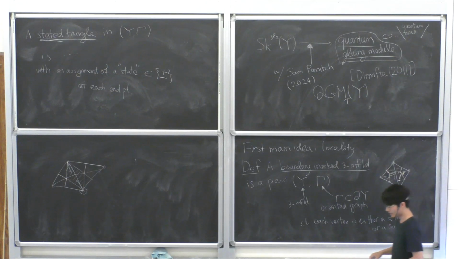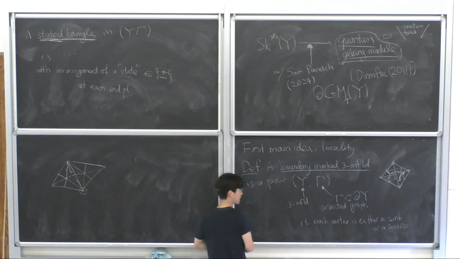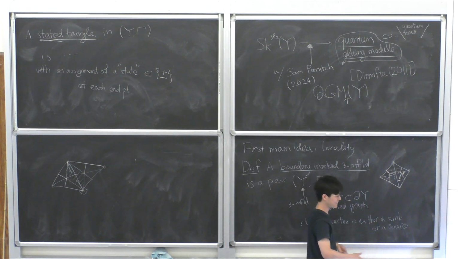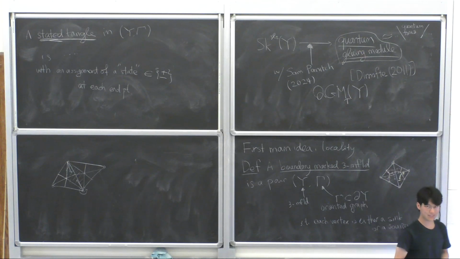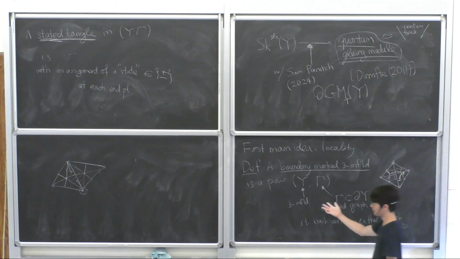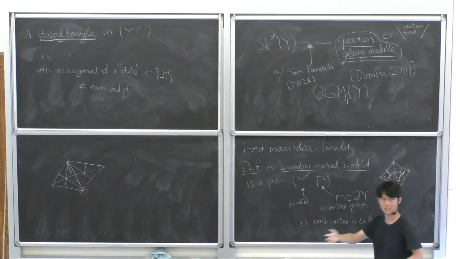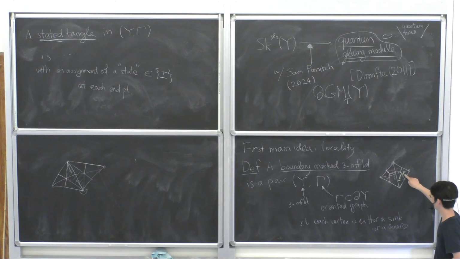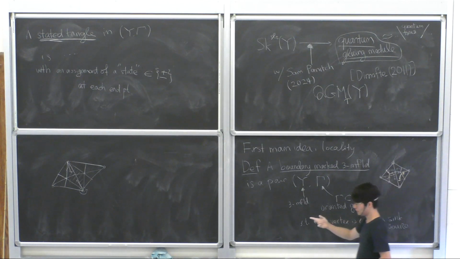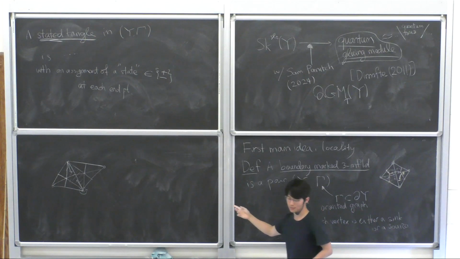Maybe that's a better answer. I should have said that there's a classical version of the trace map, which would really be just computing this matrix element, where plus and minus are really just the two basis vectors in the fundamental representation of SL2.